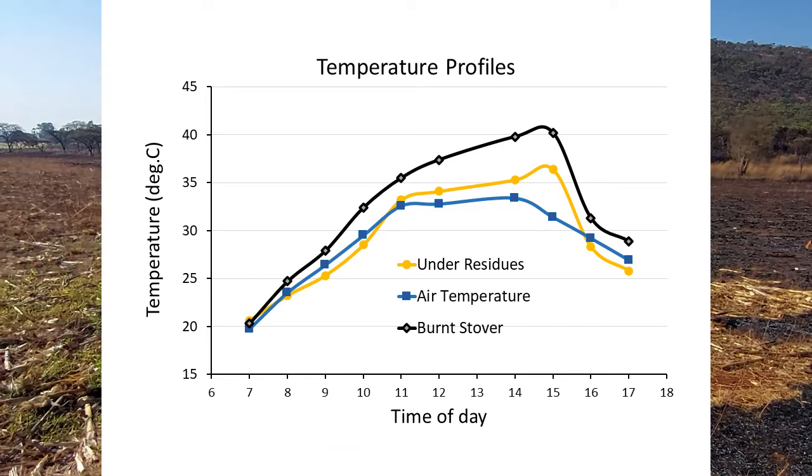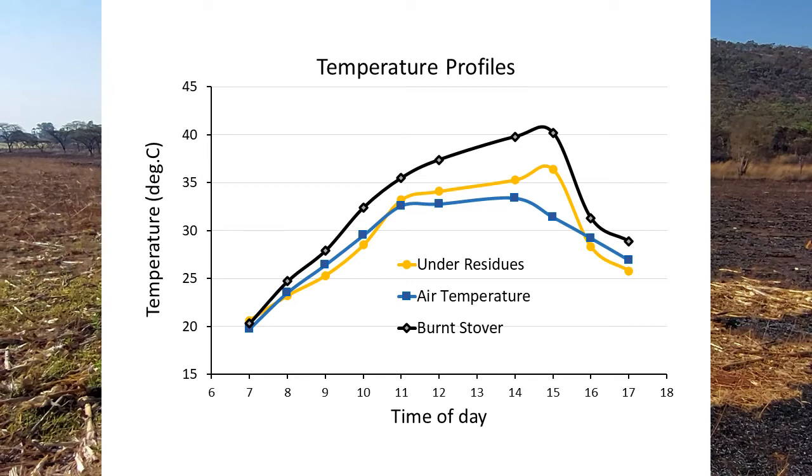But under the burnt area, the temperature increases quite rapidly and is the highest, reaching a peak of just over 40 degrees, whereas the temperature under the stover tracks pretty closely the air temperature up till about midday, and then increases slightly until about 3 o'clock where it reaches a peak. But that peak is still about 5 degrees less than the burnt area.